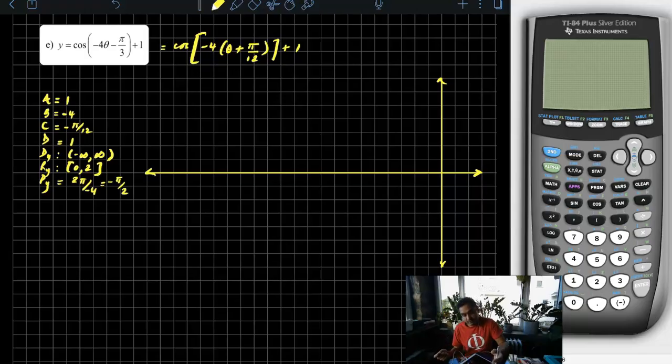I just need to go, if I go pi over 2, 6 pi over 2, 7 pi over 2 would do it. I'm just trying to plan ahead. You don't have to do it. Oh, you know what? I might be able to go up in threes. 1, 2, 3, 4, 5. Oh, just! It's like I planned it.